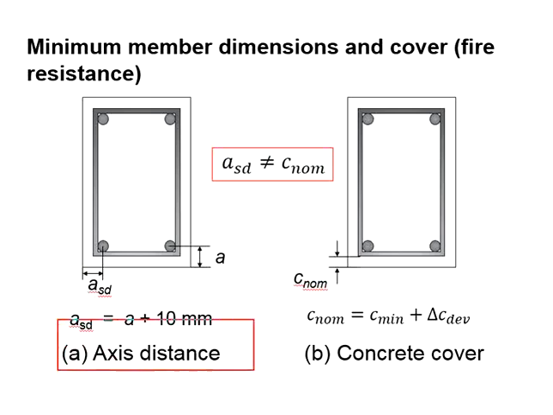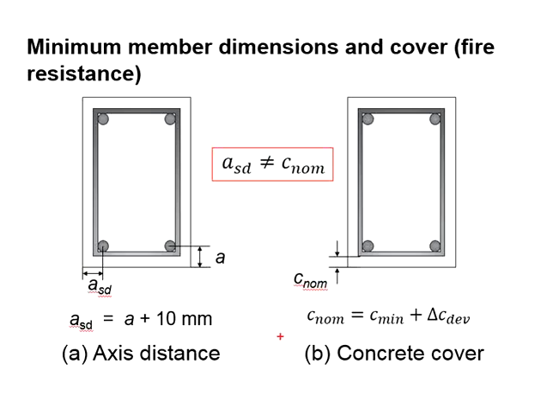As for the axis distance, it determines the protective layers of concrete against fire resistance, reducing the rate of transfer of the heat to the main reinforcement that can jeopardize the strength of the reinforcement.